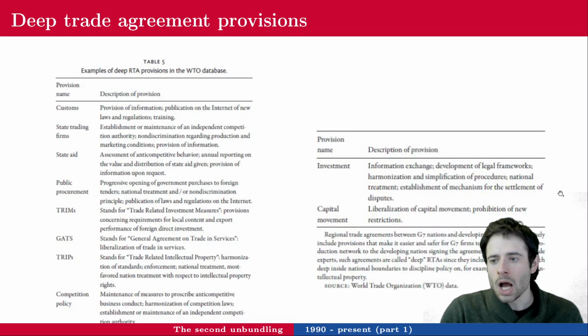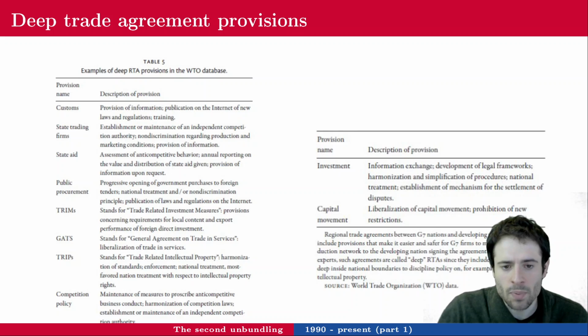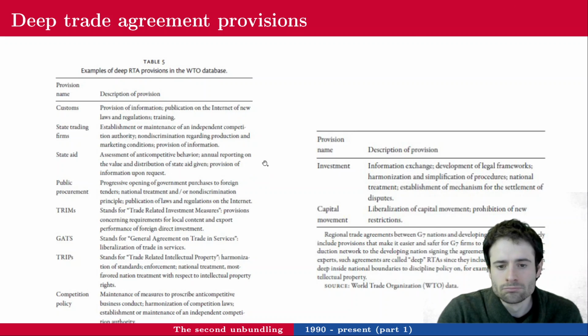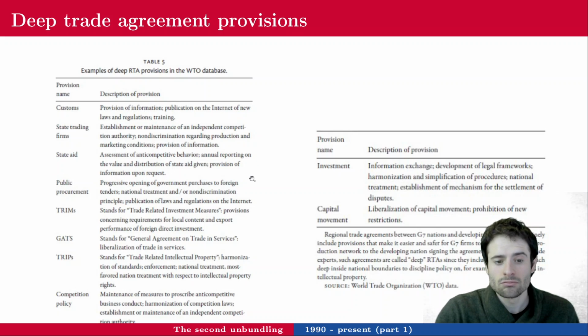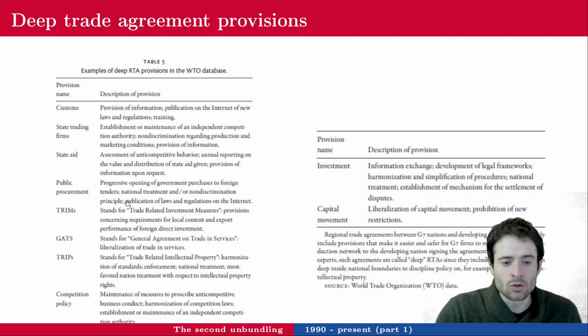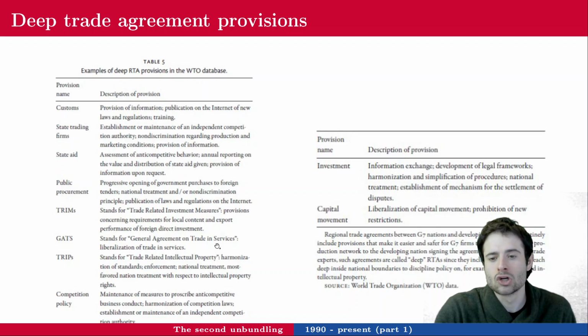So among deep trade agreement provisions, we can find a bunch of these conditions. Some of them are about customs, state aid, so that would be assessment of anti-competitive behavior. So there will be a report on how anti-competitive a country could behave with respect to a foreign good. There could be general agreement on trade in services, which is a bit more precise than just goods in general.